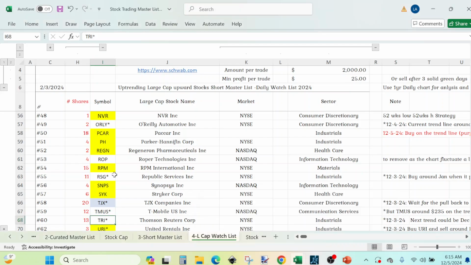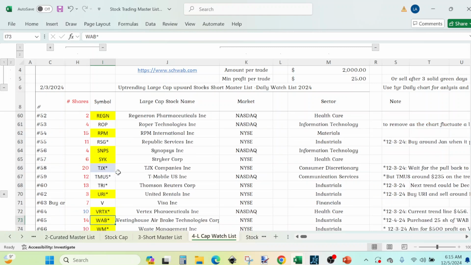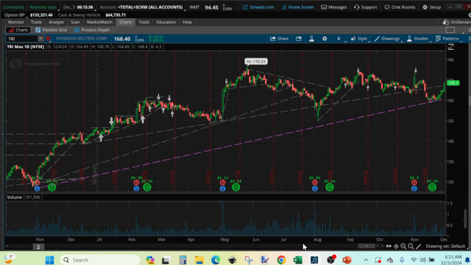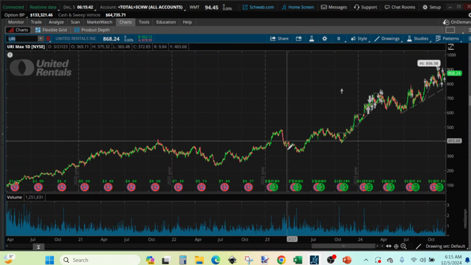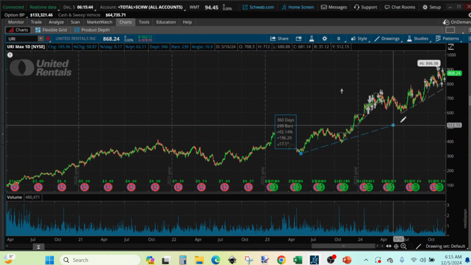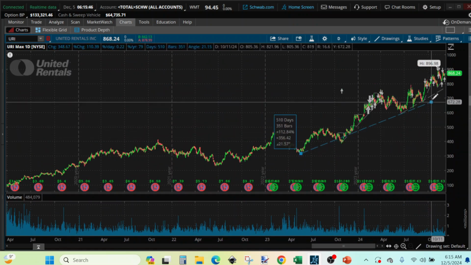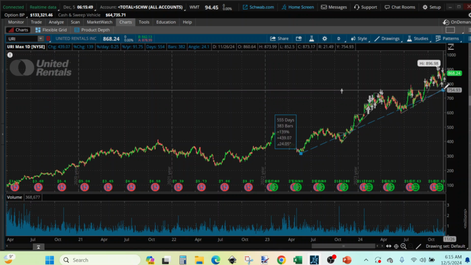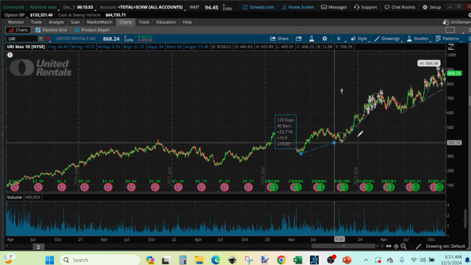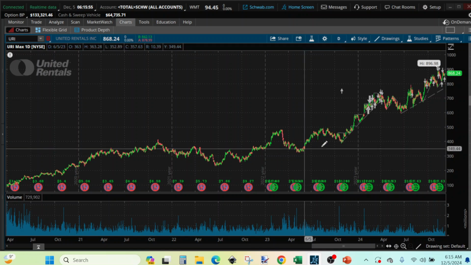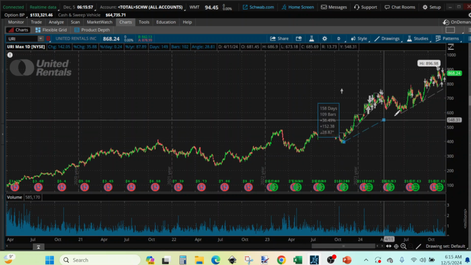Okay, so URI, we bought that one. And let's see if we can choose a longer line here. If we are using a zone, yeah, I think the line we have there is going to work, but I wish it is a longer line though. Let's see here.